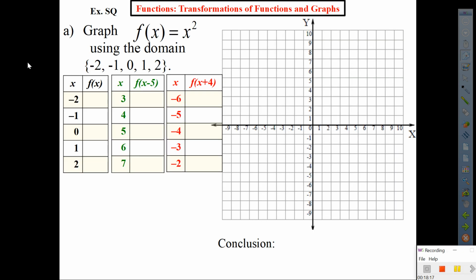All right, at the top left, I want you to write example super Q, and you're going to write graph f of x equals x squared. And copy these three tables, because we're going to use the domain -2, -1, 0, 1, and 2.